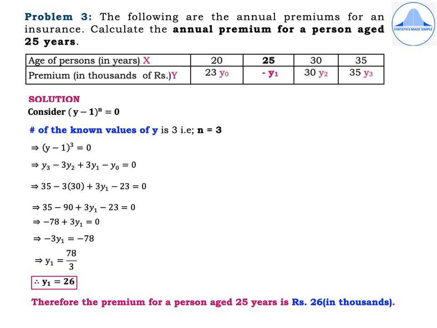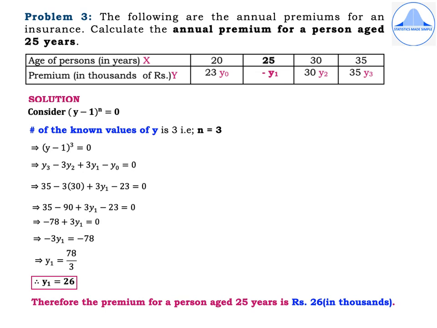So the expanded form will be y3 minus 3y2 plus 3y1 minus y0 is equal to 0, which implies 35 minus 3 into 30 plus 3y1 minus 23 is equal to 0, which implies 35 minus 90 plus 3y1 minus 23 equal to 0.